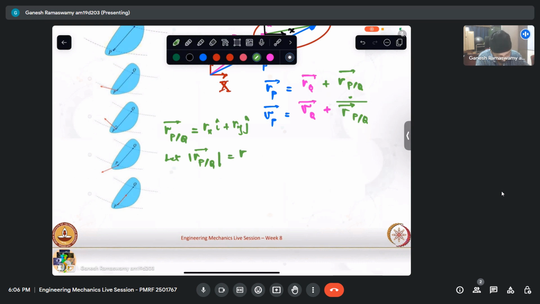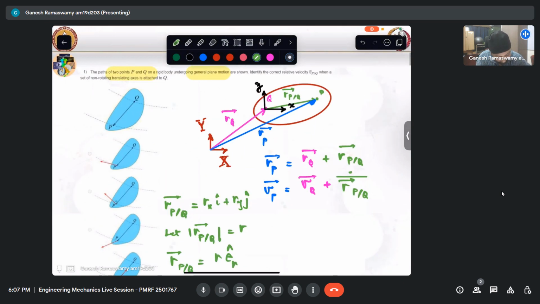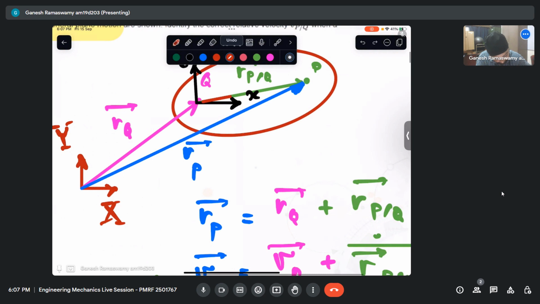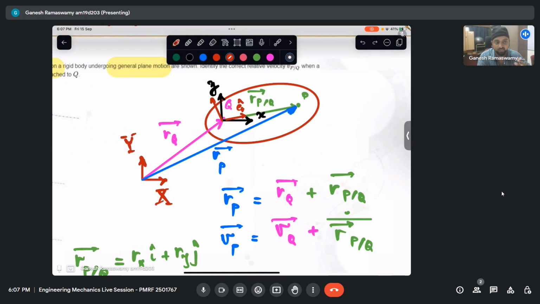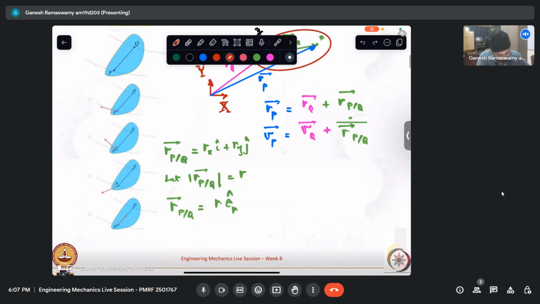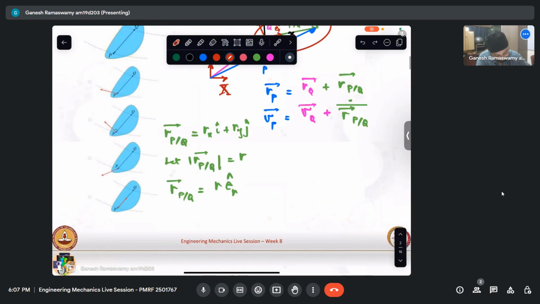So that means that the vector rp with respect to q can be represented as r er, where er cap is that, and that is e theta cap. I need not draw e theta, it is just the perpendicular component of that. So r er.